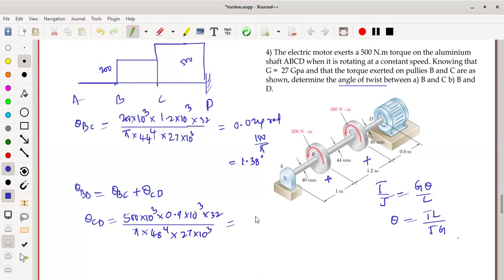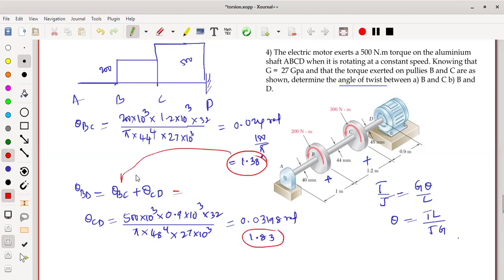So the CD value is 0.03198 radians. If you convert it into degrees, the value is 1.83. So by adding these two values, you will get the answer, which is 3.21 degrees.